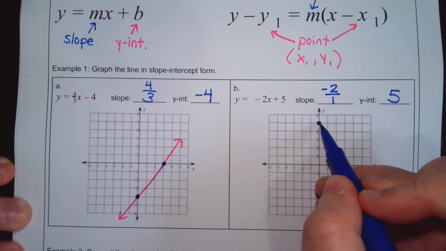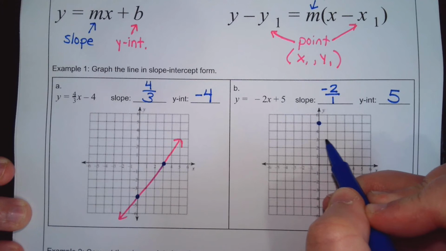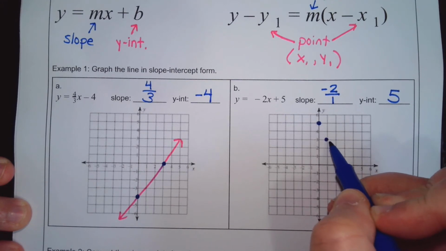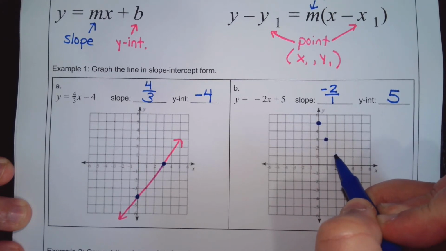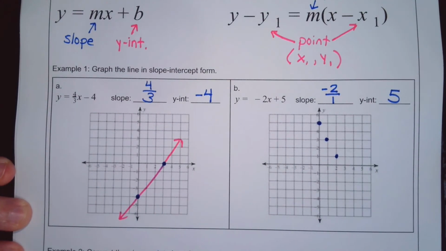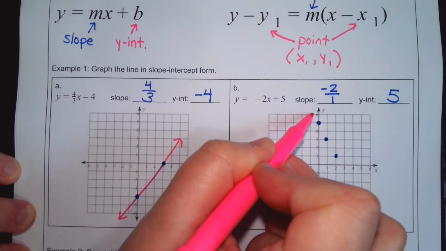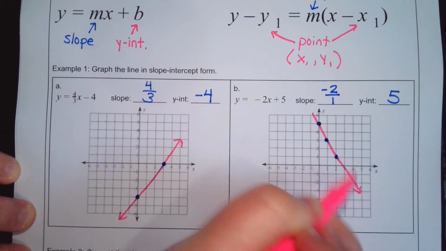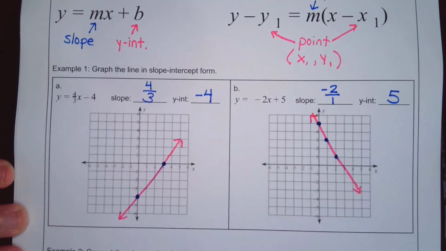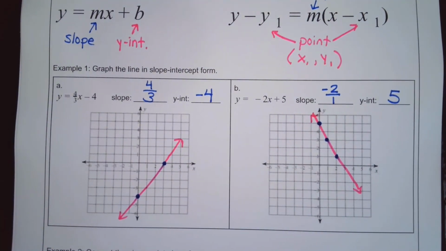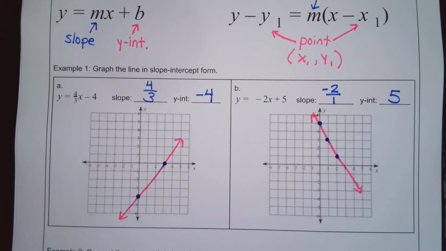So we go down 2 over 1. And you can apply the slope as many times as you need. And when we take a look at it, our line is going down, so we correctly made it negative. So that is a refresher on graphing in slope-intercept form.